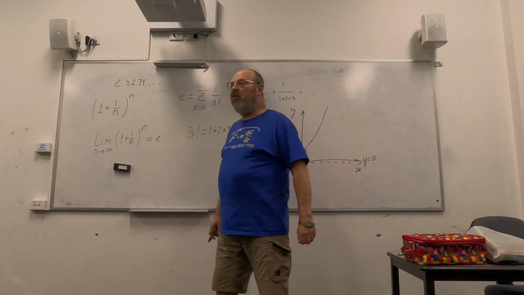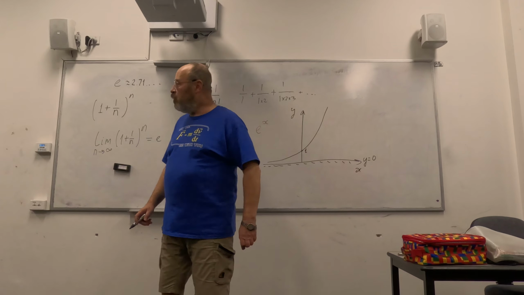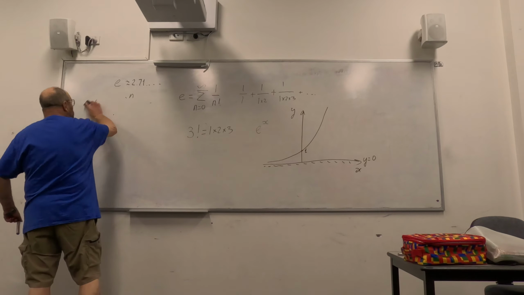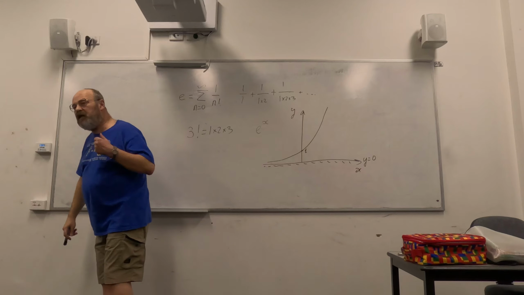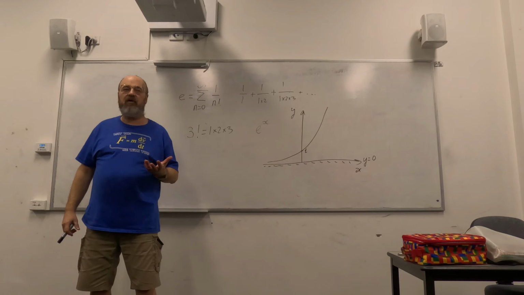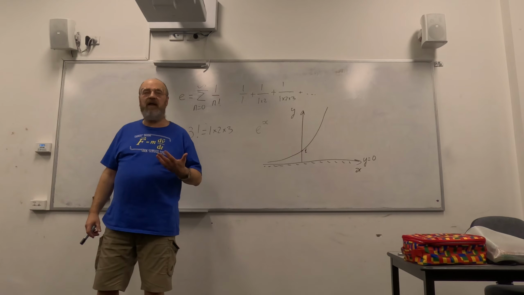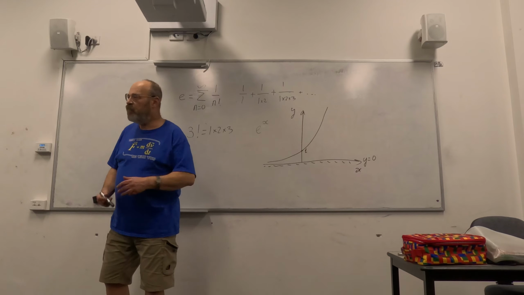Also, logs with the base E come up so often in different applications that they have a name: natural logarithm. So it naturally comes up in many real life situations.